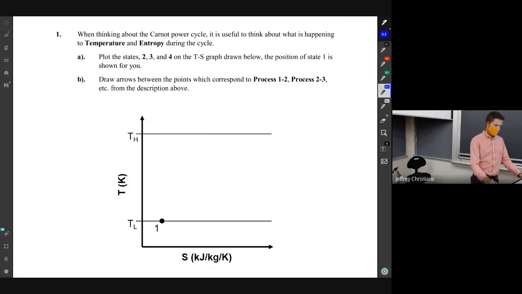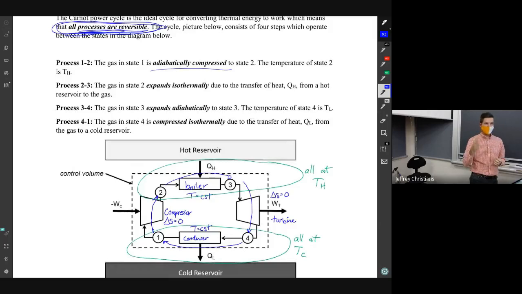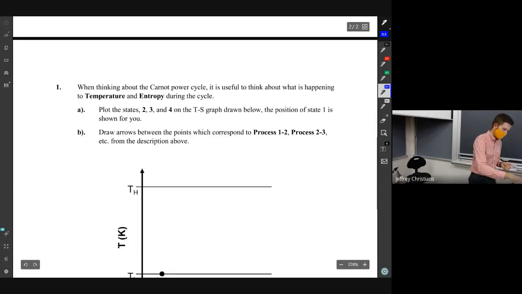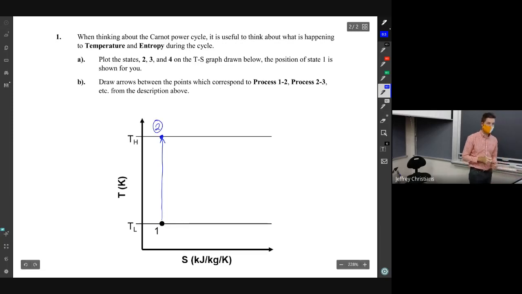So if we think about what's happening between 1 and 2, that was back up here, that's our compressor. An ideal compressor has to be a delta S equals 0, so that's a straight line. And we're going from the cold temperature up to the hot temperature. So that's a straight line here up to 2.